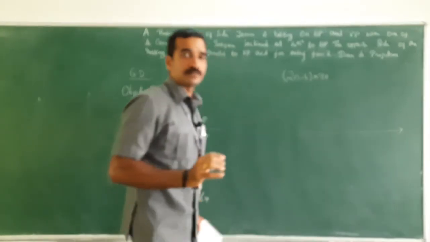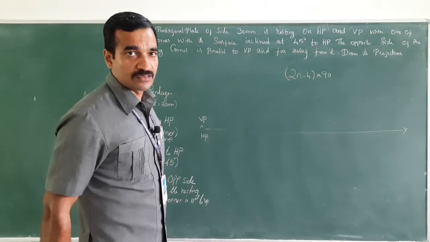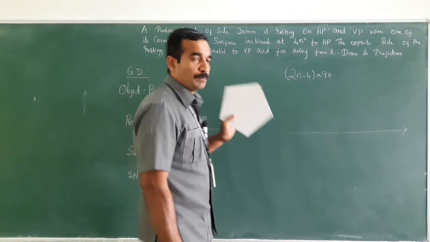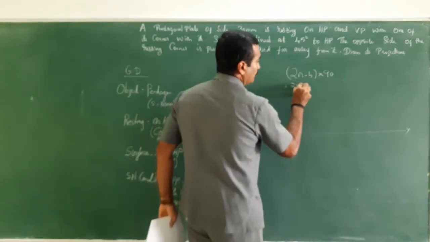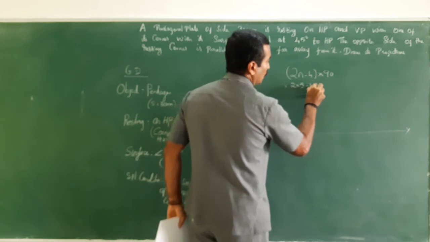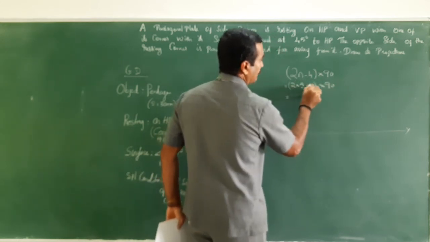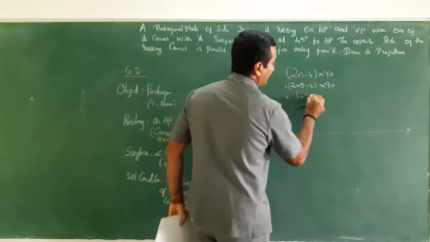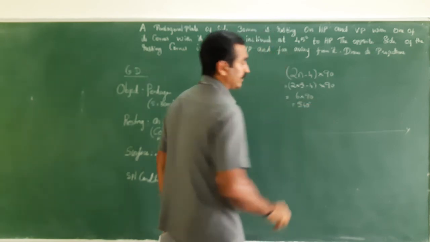Suppose you forgot the internal angles. So, pentagon has 5 sides, right? So, 2 into 5 minus 4 into 90, which is equal to 10 minus 4 into 90, which is equal to 540 degree.